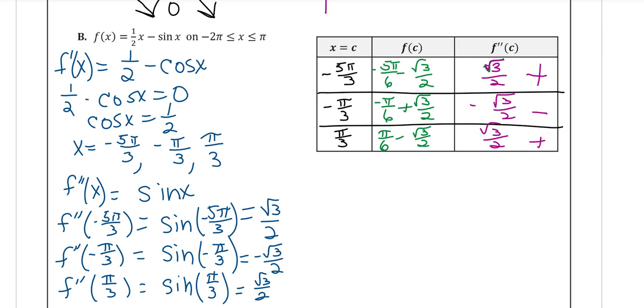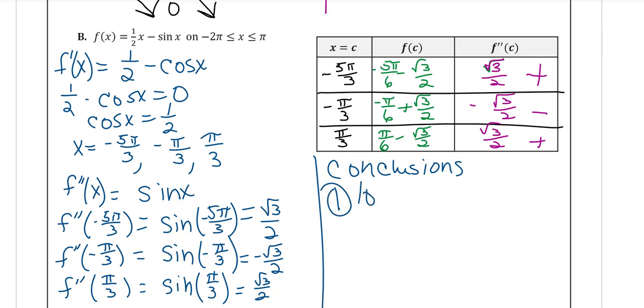Okay, so our conclusions. Number 1 is we have two local mins, because we have two places where the graph is concave up, here and here. So one is at negative 5 pi over 3 comma negative 5 pi over 6 minus the square root of 3 over 2.